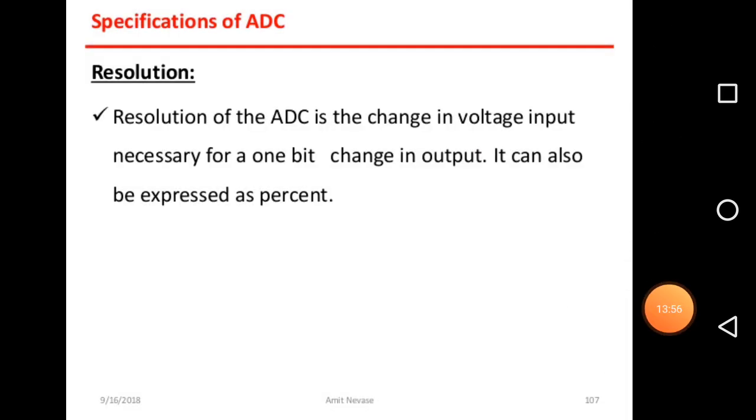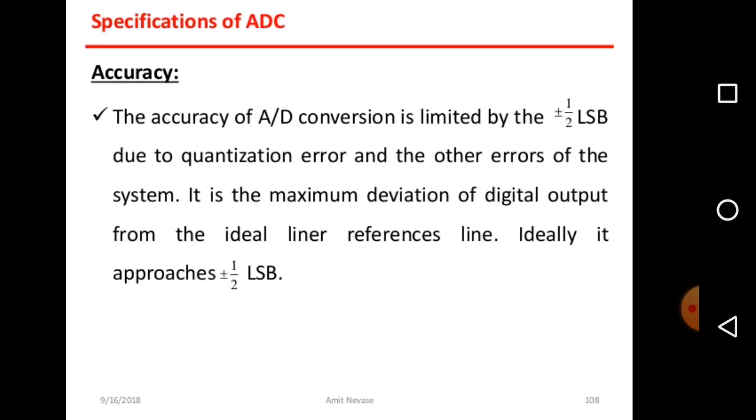Now we will see the specifications of ADC. The first one is resolution. Resolution of the ADC is the change in voltage input necessary for a 1 bit change in output. It can also be expressed as a percentage. Next specification is accuracy.